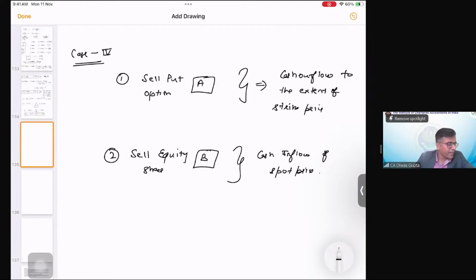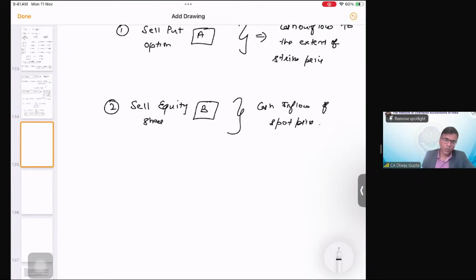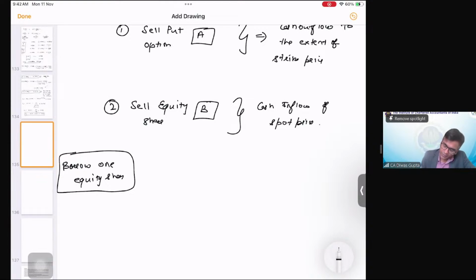Now, some of you might be thinking: how can the share be sold without having it, right? For that we discussed earlier also. So let's say we borrow one equity share. This is step number one.